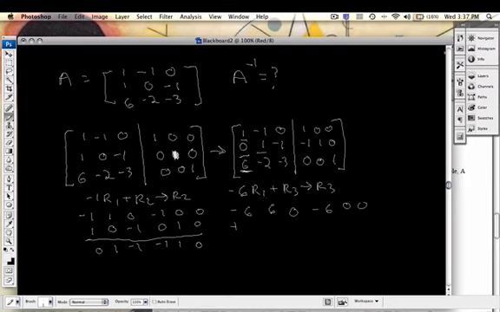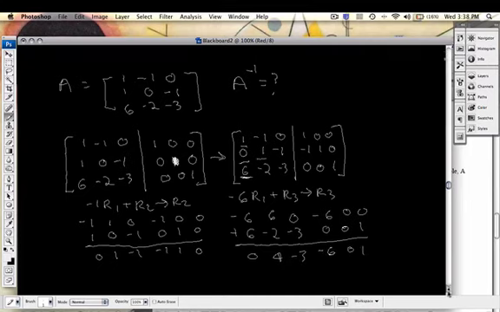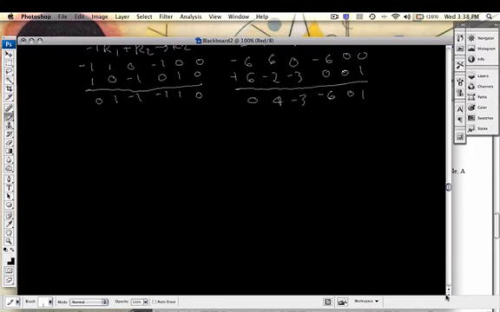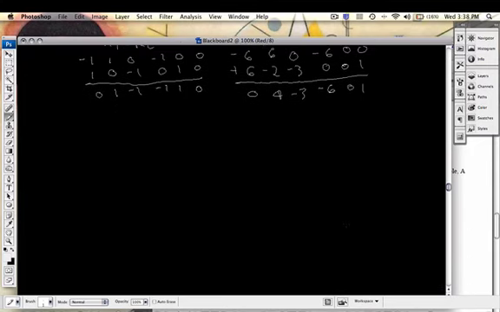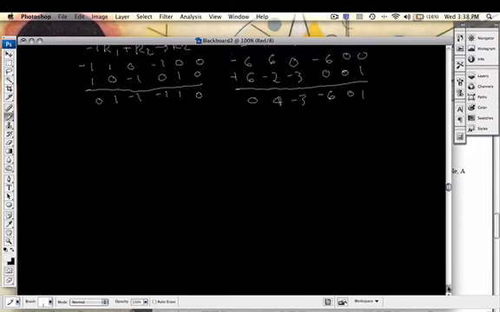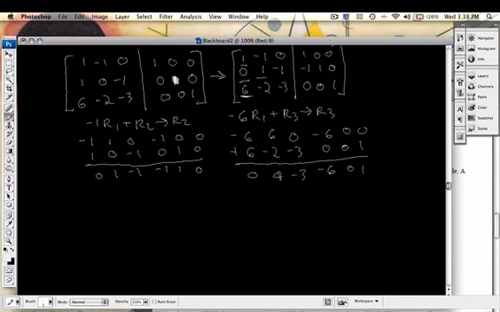That's row 3, 6, -2, -3, 0, 0, 1. Okay, that's our new row 3, so row 1 remains the same.